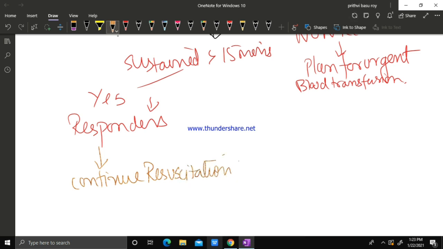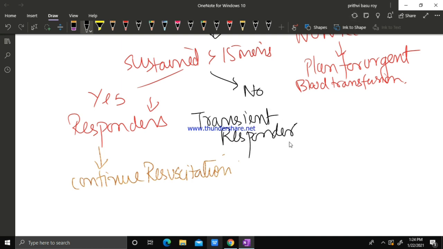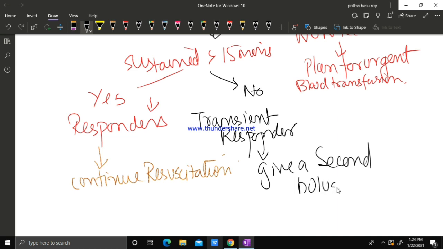Clear? Now, suppose after 15 minutes the vitals are not sustained. So it means he responded, but now after 15 minutes he is not responding. So he is a transient responder. When he or she is a transient responder, give a second bolus of 500 ml of 0.9% normal saline.